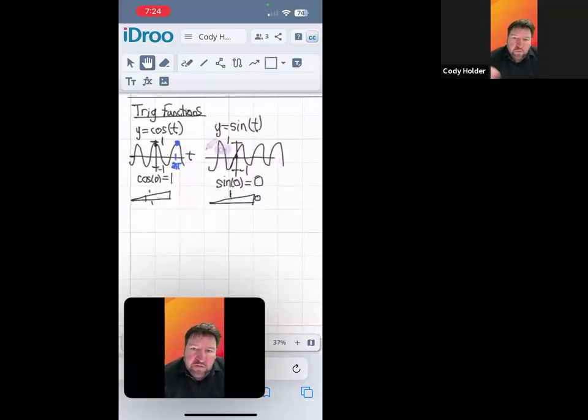Okay, so we have these two basic trig functions, and we want to perform the transformations. So what does the sinusoidal model look like? Sinusoidal model. We're just going to take our trig function, sine or cosine, doesn't matter. Either one will be okay, and apply the transformations.